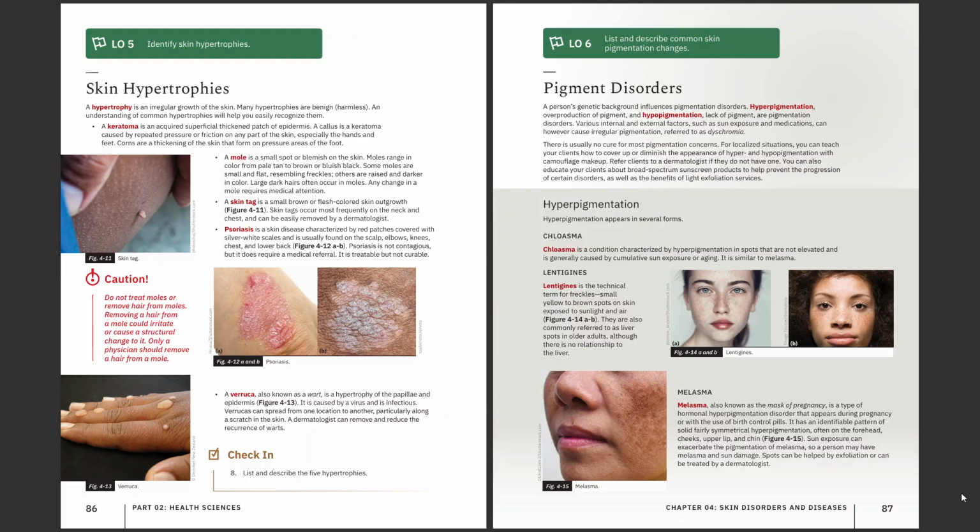Various internal and external factors, such as sun exposure and medications, can, however, cause irregular pigmentation, referred to as dyschromia.